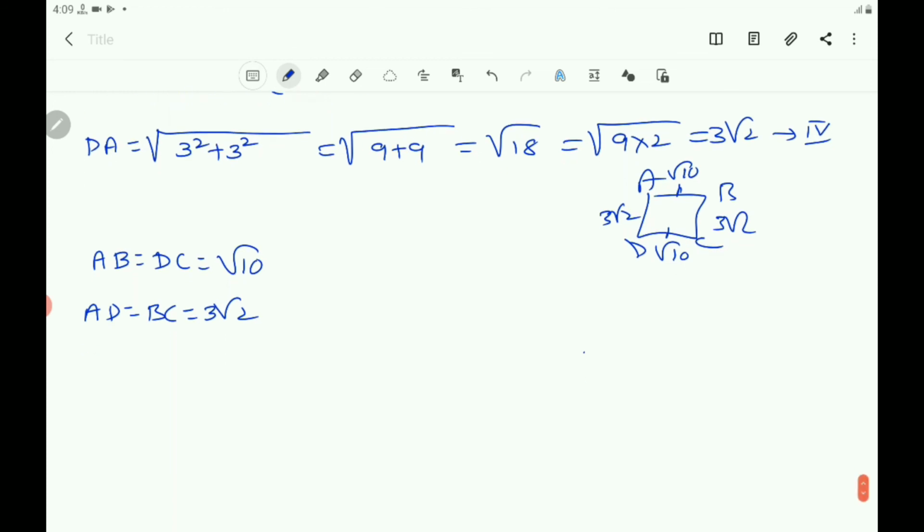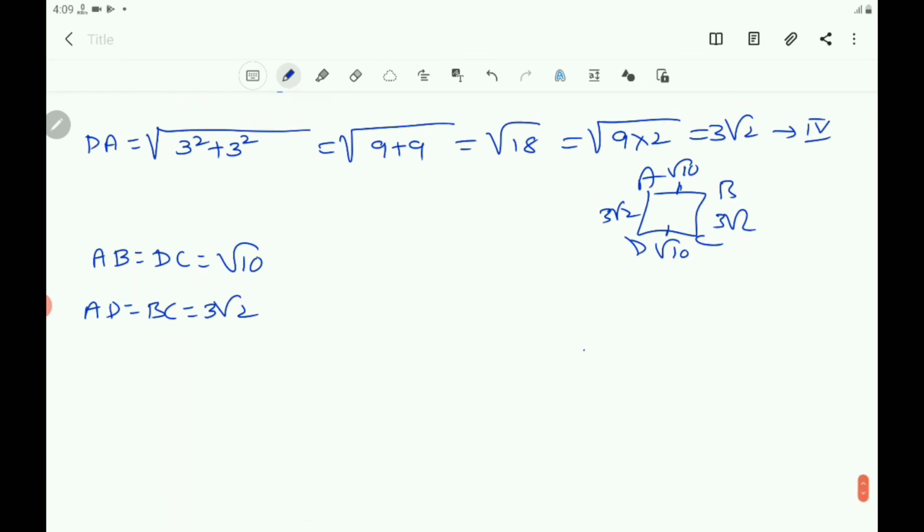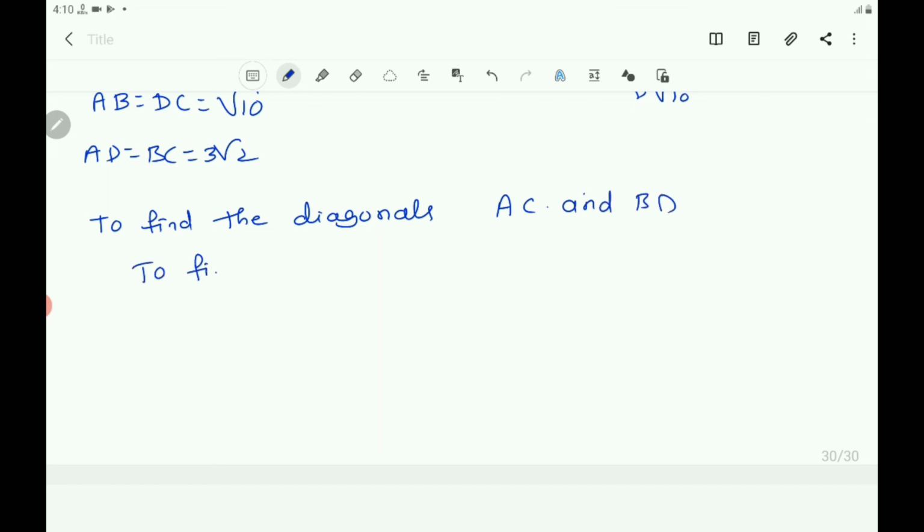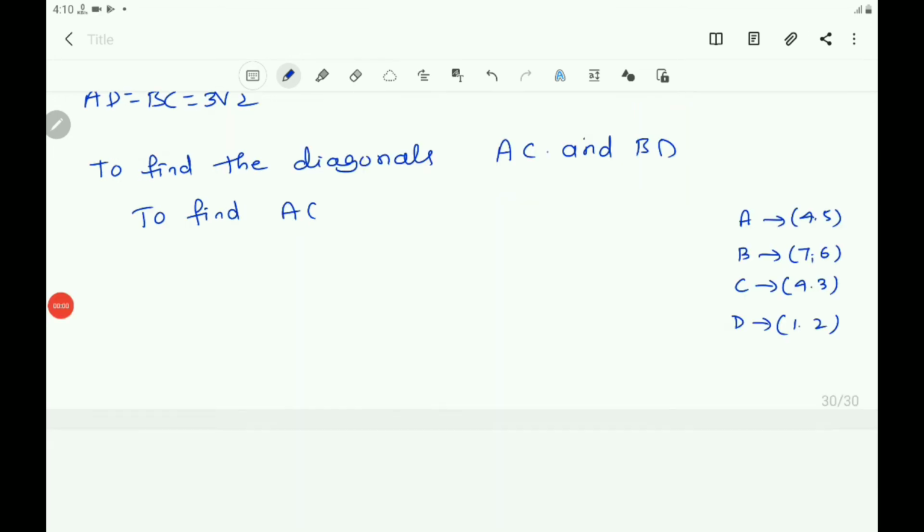Next, also find the diagonals. You got that the opposite sides are equal, so now find the diagonals. Diagonals are AC and BD. To find AC first: A is a point with coordinates (4, 5) and C is a point with coordinates (4, 3).